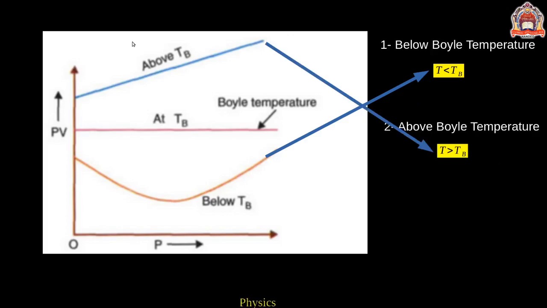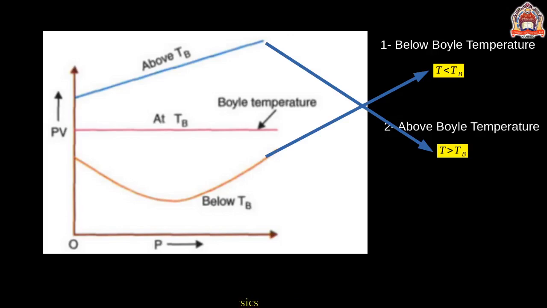Now we are considering above Boyle's temperature. T is greater than Boyle's temperature. PV continuously increases with increase in P because the coefficient of B is positive above Boyle's temperature, and thus the terms on the right hand side of the empirical equation are positive.